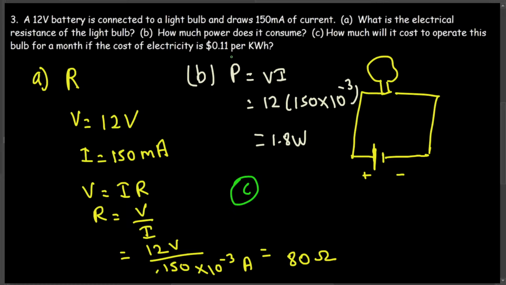So first we know the watts. Let's write that one down. That is 1.8 watts. Now we want to cancel these watts and bring it into kilowatts. So kilo means 1000, so we can say 1 kilowatt is 1000 watts. Let me write that right here, 1000 watts.